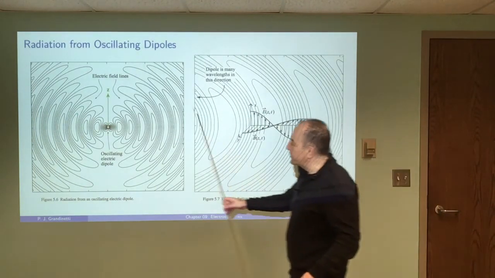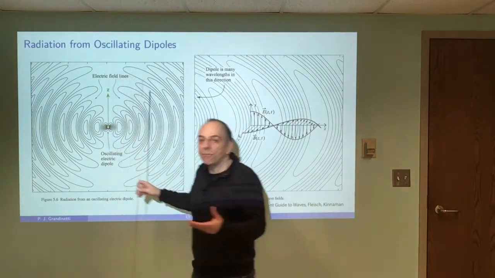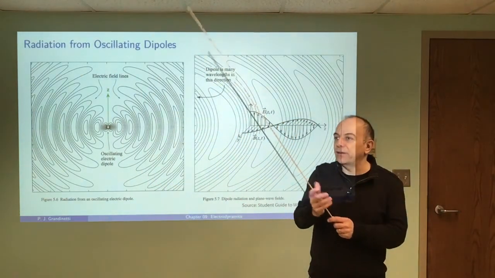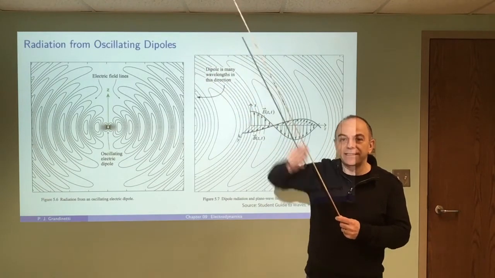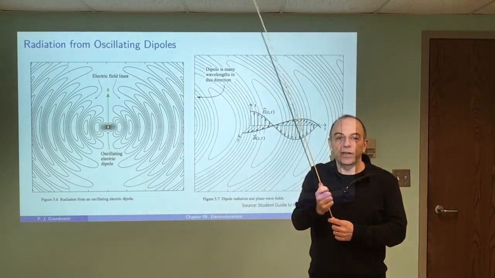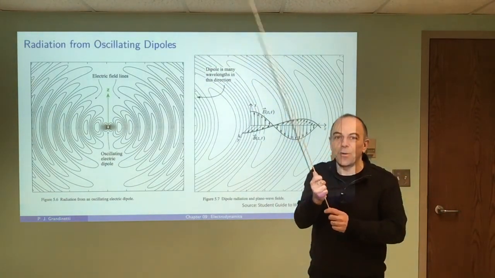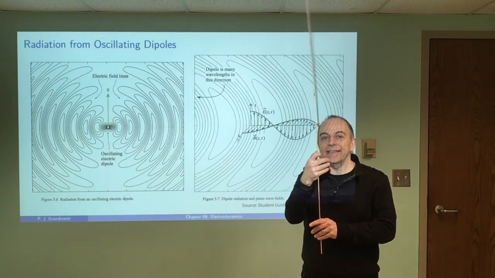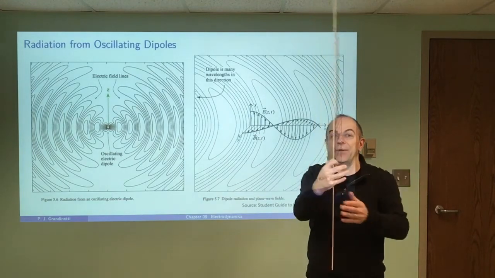This is one of the reasons why, for example, when I was a kid and I had a walkie-talkie, a little radio with a telescopic antenna, if you want to talk to somebody else who has another walkie-talkie, you would hold the antenna up like this and talk, and they would do the same on their end.